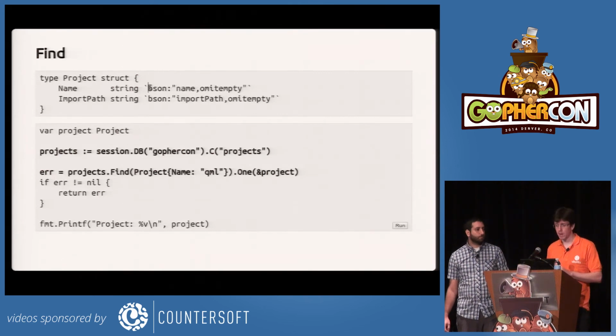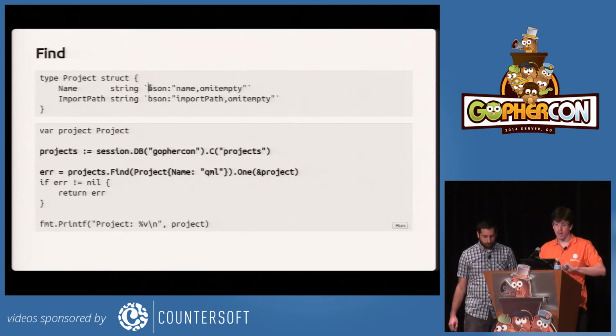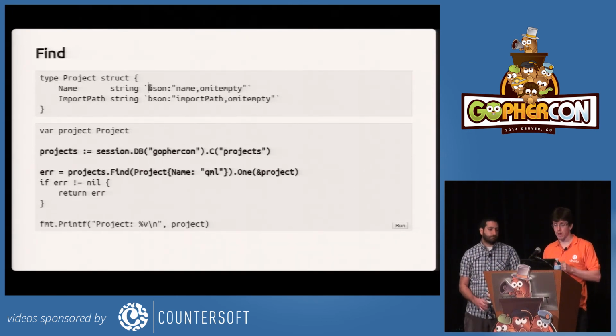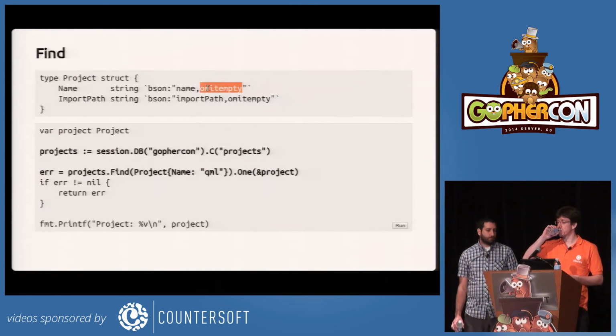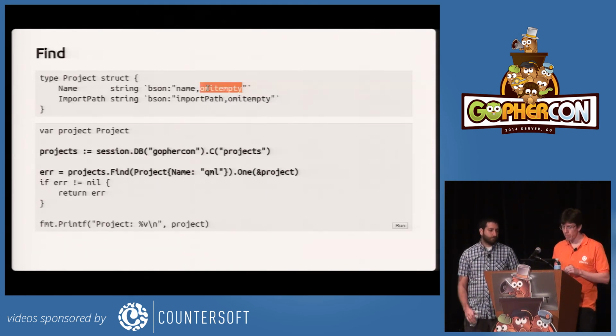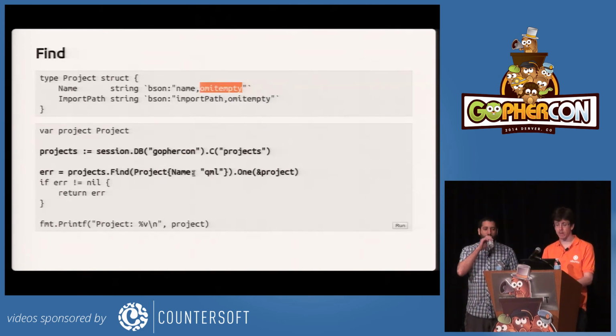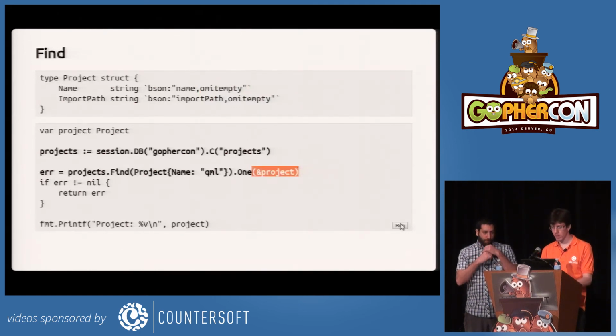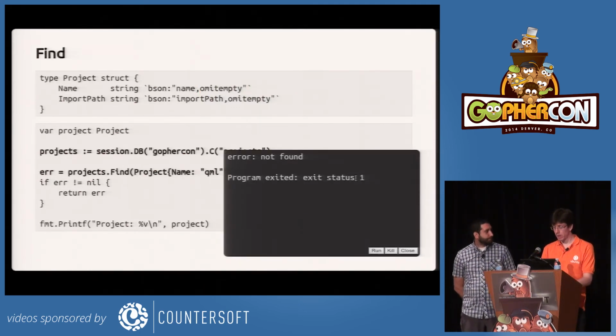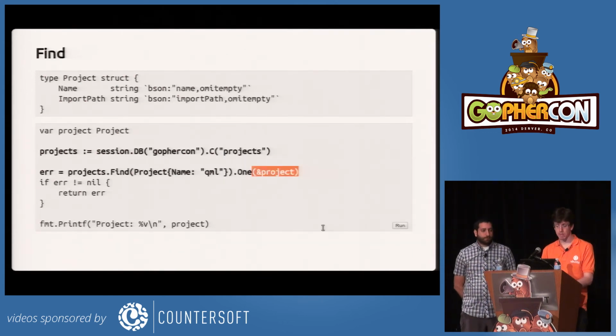If you have used the JSON package, you recognize those field tags. This is just setting the field name that should be serialized, and if it's empty, you don't serialize that one. So what we're doing here is trying to find a project with that name, and then we load it into the actual value. And nothing was found because the database has nothing.